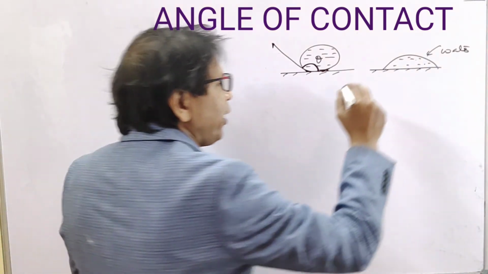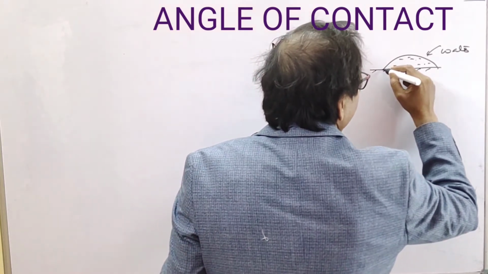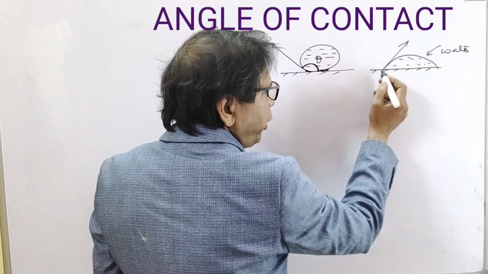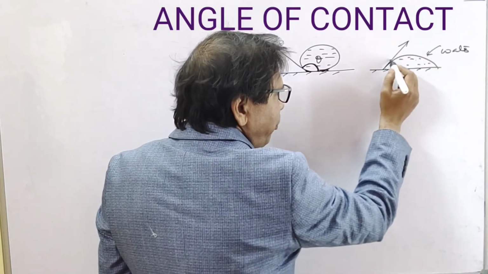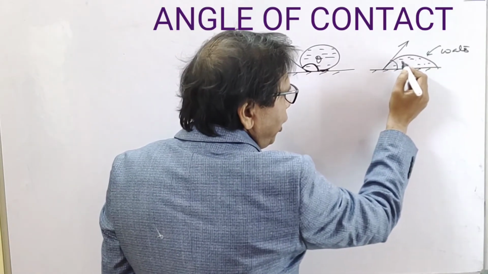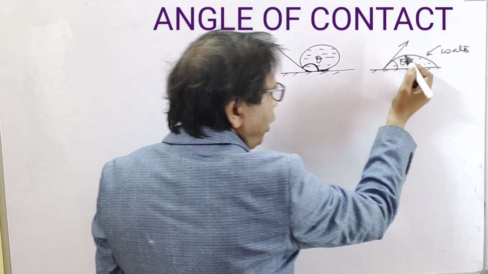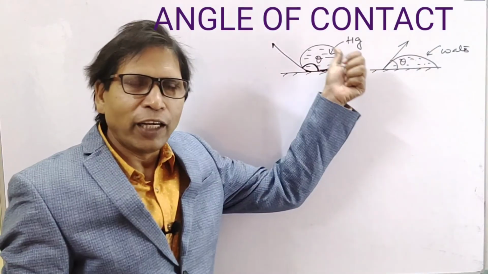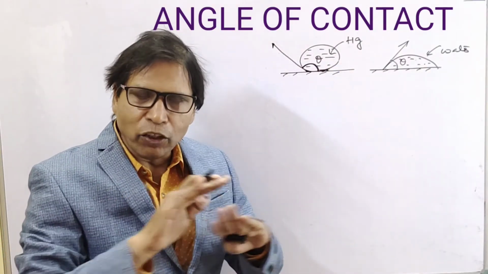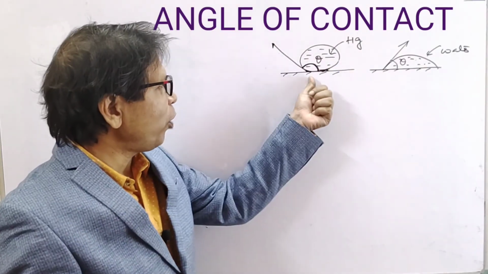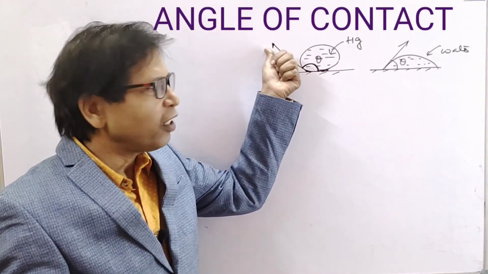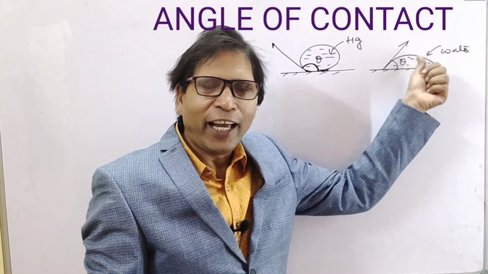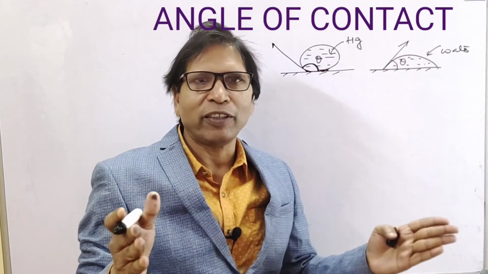Now look at this, the tangent drawn on the liquid surface from the point of contact between solid and liquid, the angle made by the tangent with the solid surface inside the liquid is called the angle of contact. For a liquid which does not wet the solid, the angle of contact is obtuse. For a liquid which wets the solid, the angle of contact is acute.